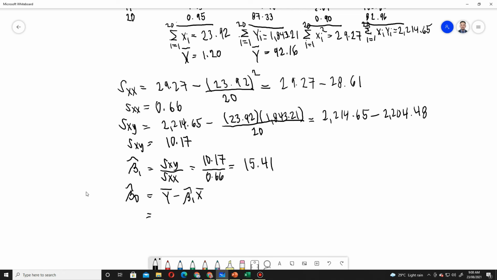We have y bar as 92.16 minus the quantity b hat sub 1, which is 15.41, multiplied by x bar as 1.20. B hat sub 0 is equal to 73.67.